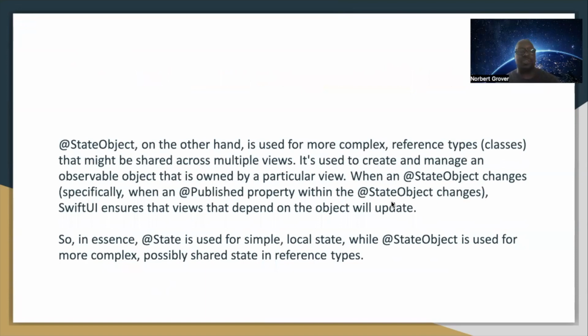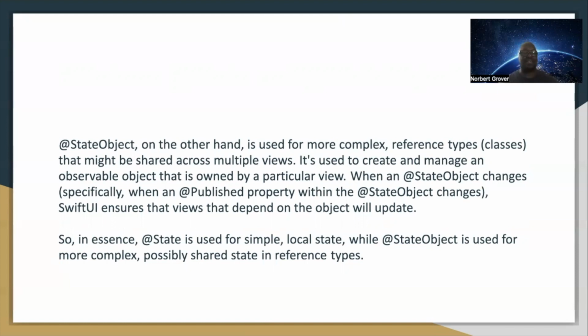@StateObject, on the other hand, is used for more complex reference types, classes that might be shared across multiple views. It's used to create and manage an observable object that is owned by a particular view. When an @StateObject changes, specifically when a @Published property within the @StateObject changes, SwiftUI ensures that the views that depend on the object will update.